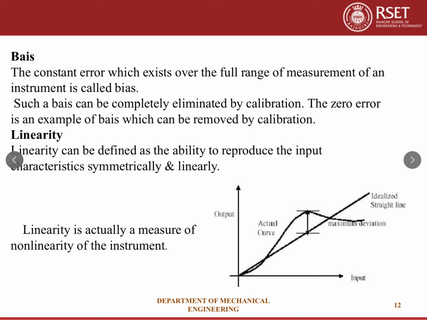For many instruments that deviate from the ideal behavior, it's not an error actually. That means it won't affect the accuracy. Here we can see this is the idealized straight line, the ideal linearity. Here we can see there is a curve. It's not linear. This deviation from the linear behavior is known as non-linearity.